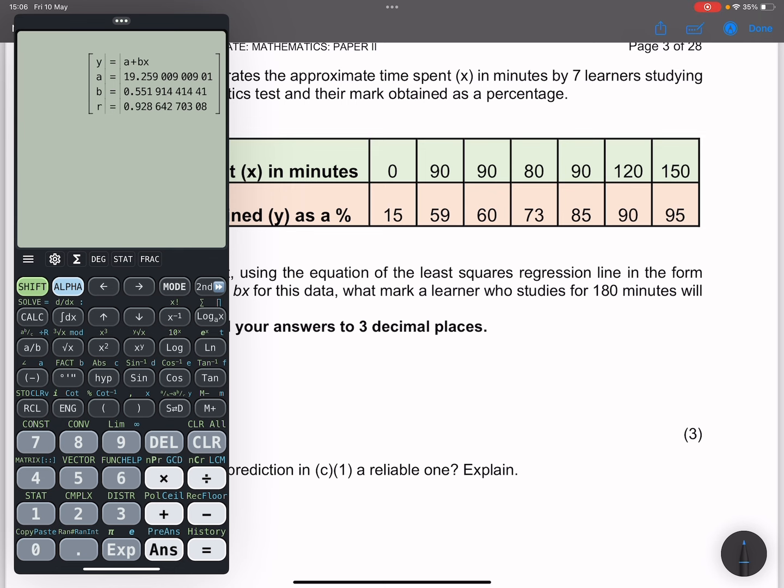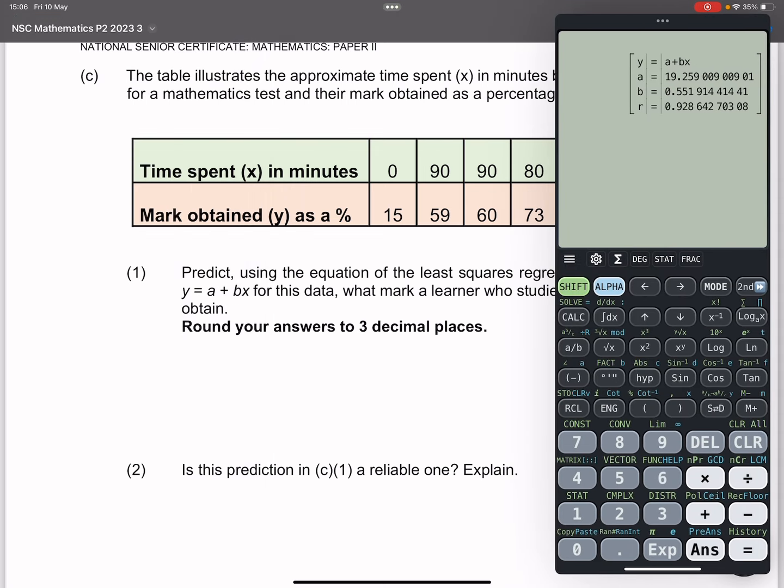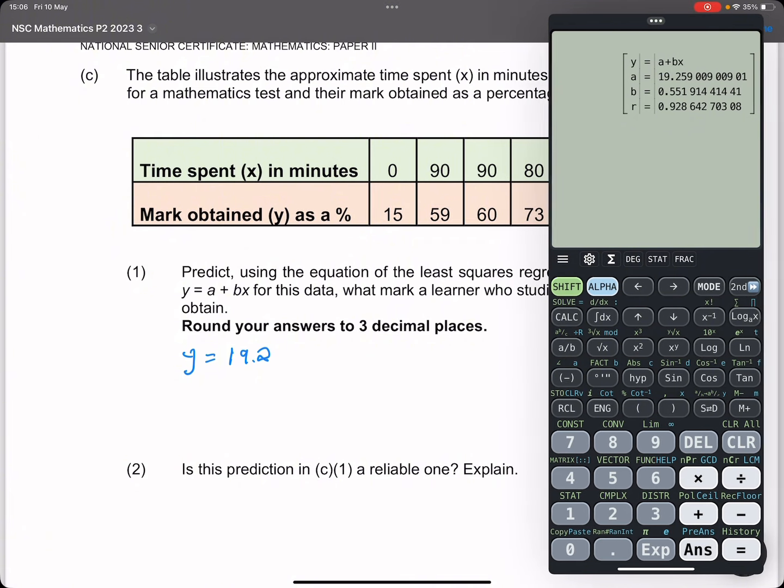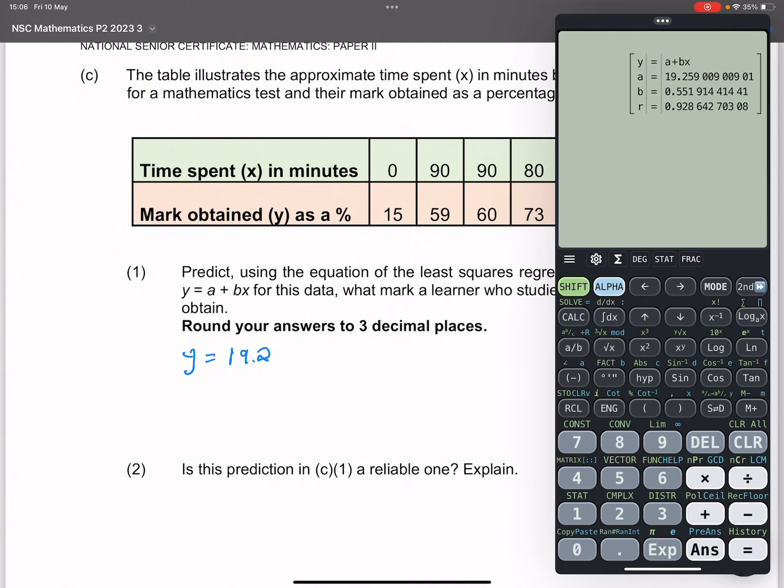My graph says this is y equals a plus bx. My A value is 19.2. In fact, they did say to round your answer to 3 decimal places.